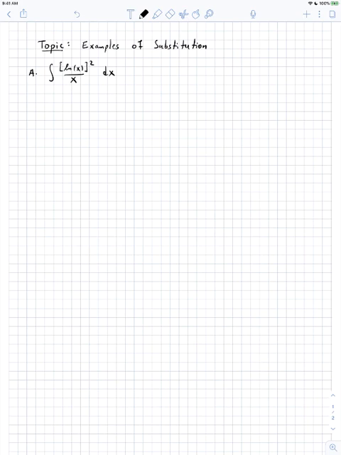In this particular case, it might not be completely apparent what the composition is, but we can see that there is a composition with an inside function, namely the natural logarithm inside the square function. And indeed, that is what we want to let be our u. u equals ln of x.